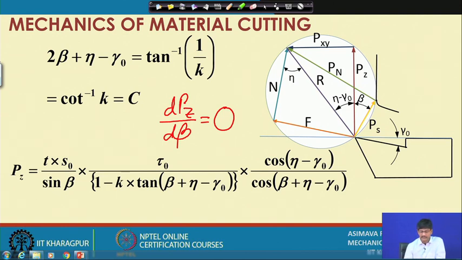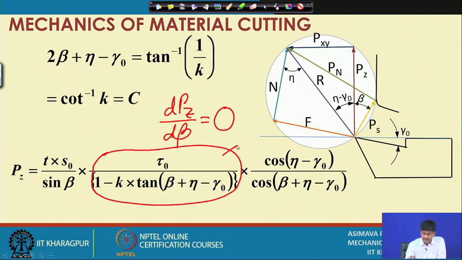So, ultimately we can replace the relation between these angles in this expression. Now, if you notice this term in the middle, it is equal to tau s, and if we keep it that way, we do not have to bother about the changes that will be happening due to incorporation of this relation here.